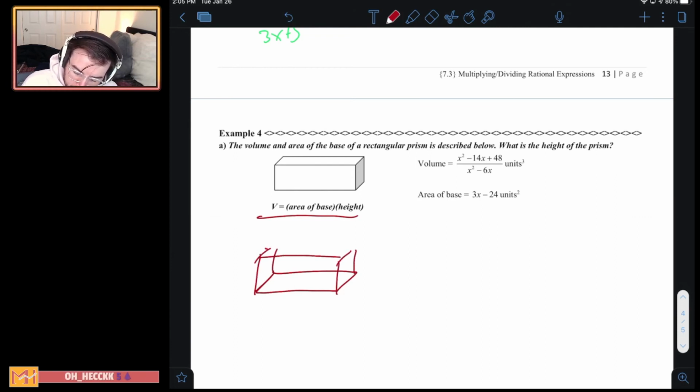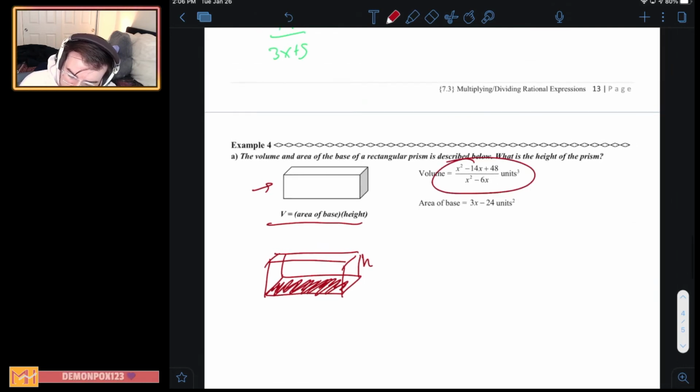You remember this from geometry, right? I know this is the box right there, but here's the base on the bottom. And then imagine stacking a whole bunch of rectangles on top of one another. All of a sudden, you create a prism, which is why we're doing the area of this base and then multiplying it by the height, right? So they're telling you here that the volume is this and the area of the base is this.